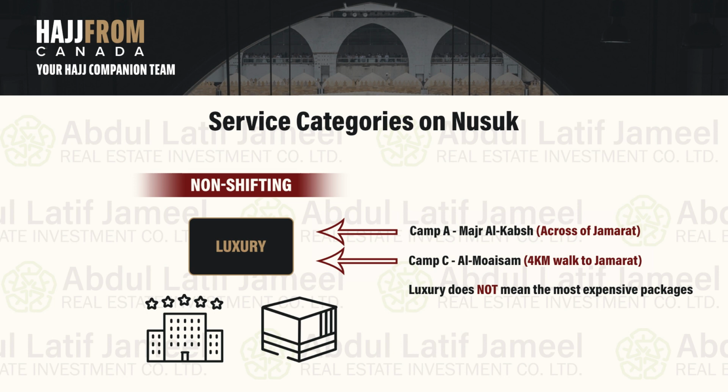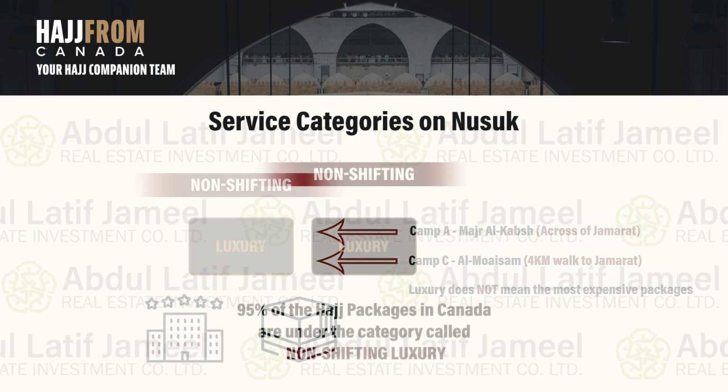Both camps are under the luxury option. That's why I say luxury is not necessarily the most expensive package, as some people may think. They are just referring to the location and the rating of the hotels in Mecca and Medina.